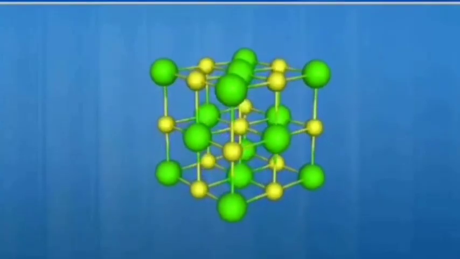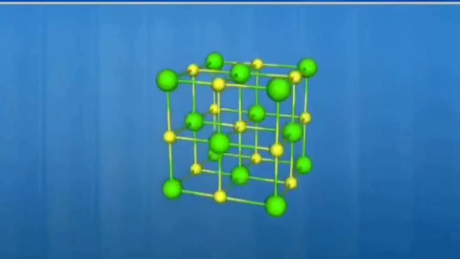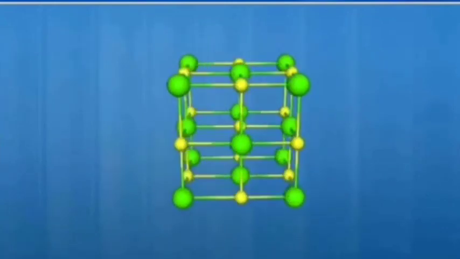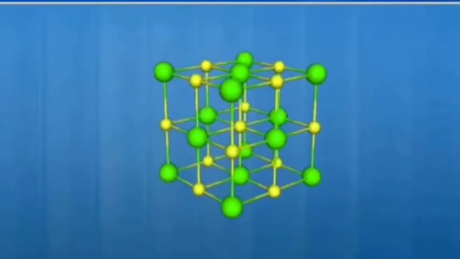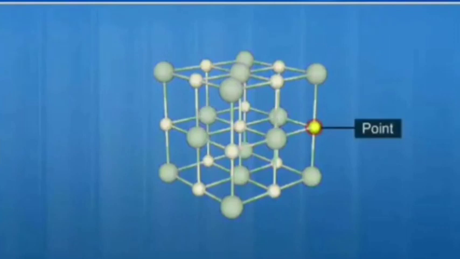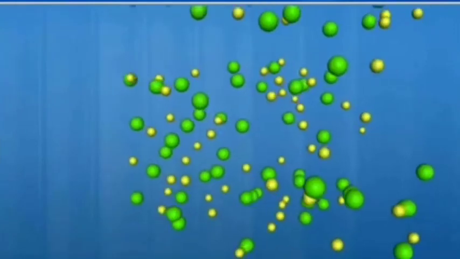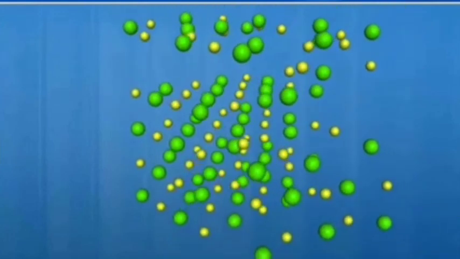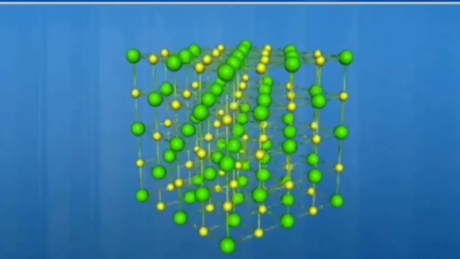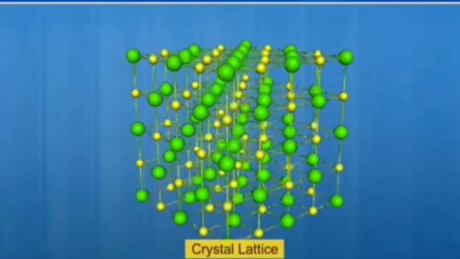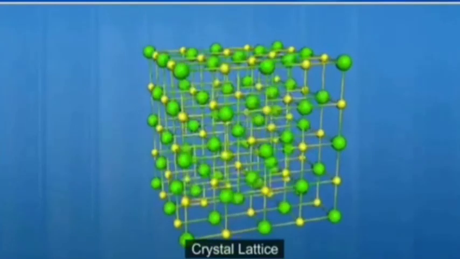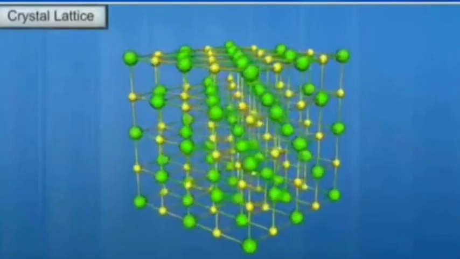The main characteristic of a crystalline solid is a regular and repeating pattern of constituent particles. The position of each constituent particle is usually shown by points. Thus, a regular three-dimensional arrangement of points or particles in space is called a crystal lattice.